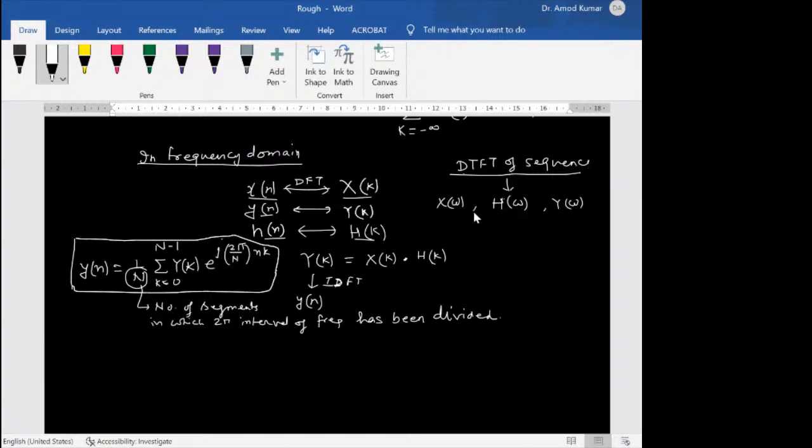And this H omega is the DTFT of hn, which was the impulse response of the circuit.